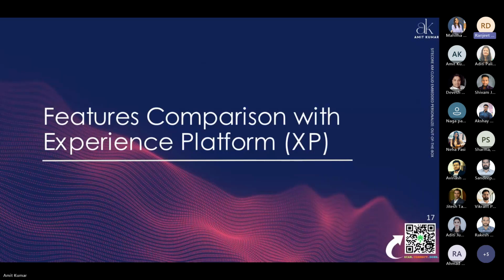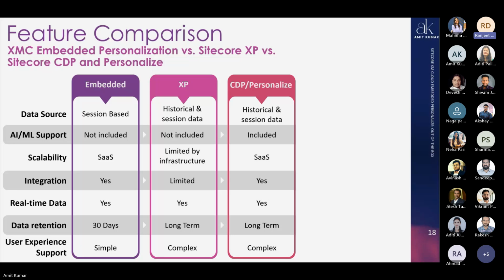Yeah, right. Thanks, Amit. Okay, so let's see some features comparing it with the Experience Platform, that is XP. Let's walk through each feature row by row. First, for example, it's the data source. Embedded personalization uses session based data, and personalizes based on the current user session.